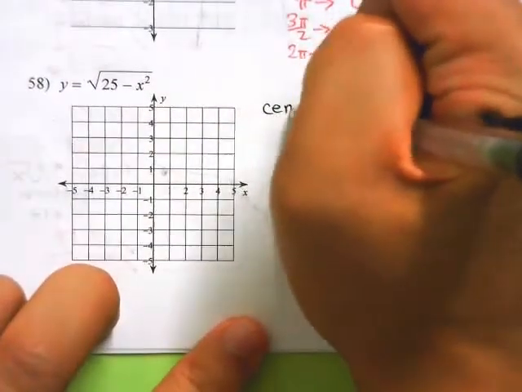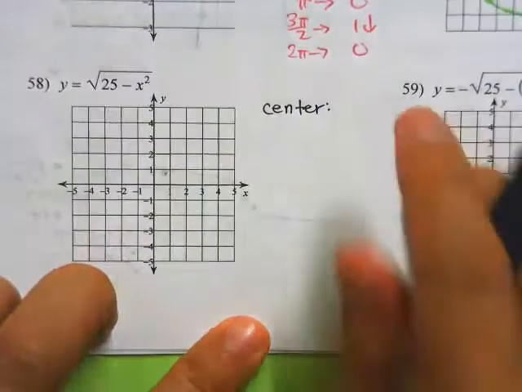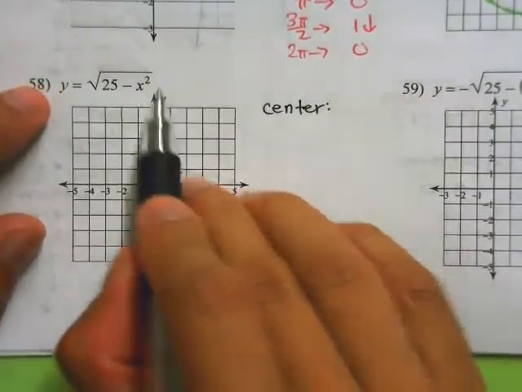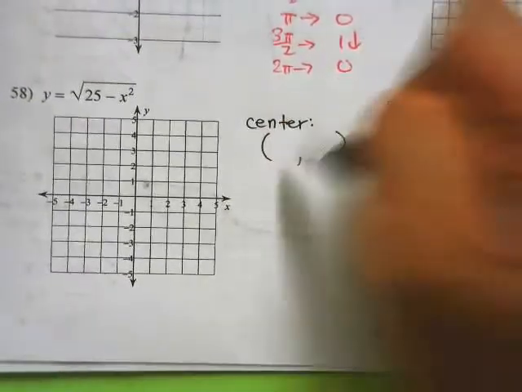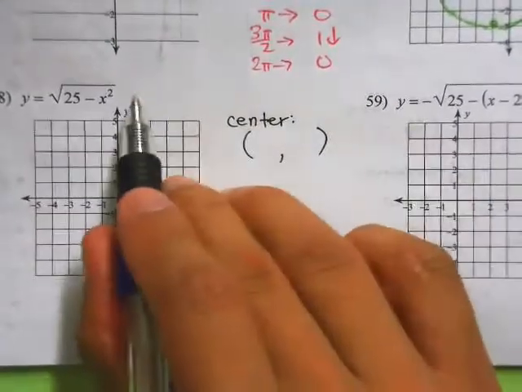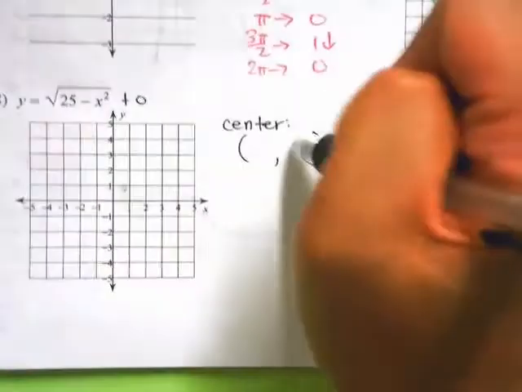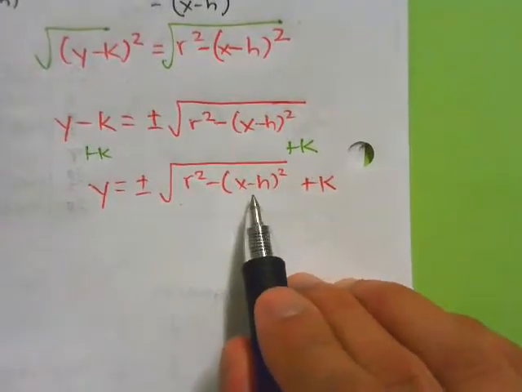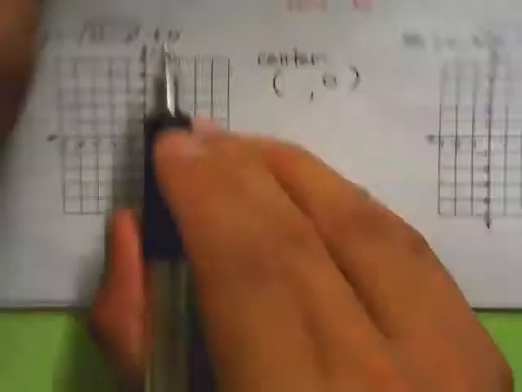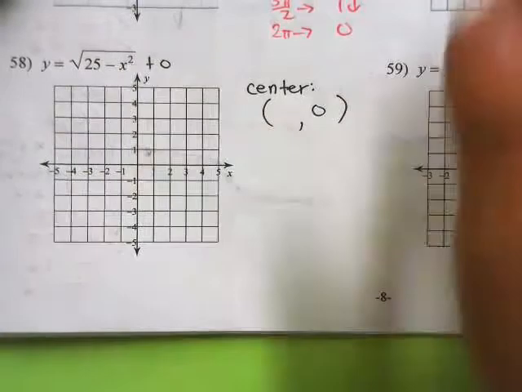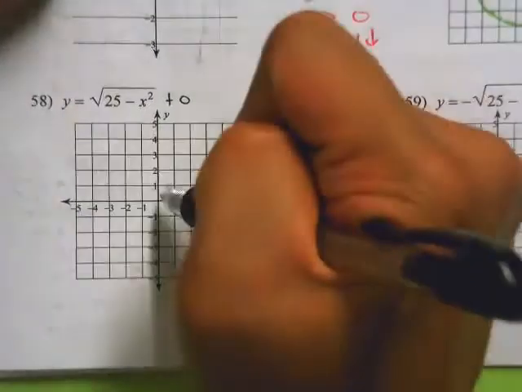Okay, what I want to do first is see if we can just get the center of the circle. We don't see a plus k over here, which usually represents our y value, so I'm going to add a 0. And based on the structure, square root of r squared minus (x minus h) squared, there's also not a number within the x, and we can add a plus 0 to that as well. So your center is going to be 0, 0.